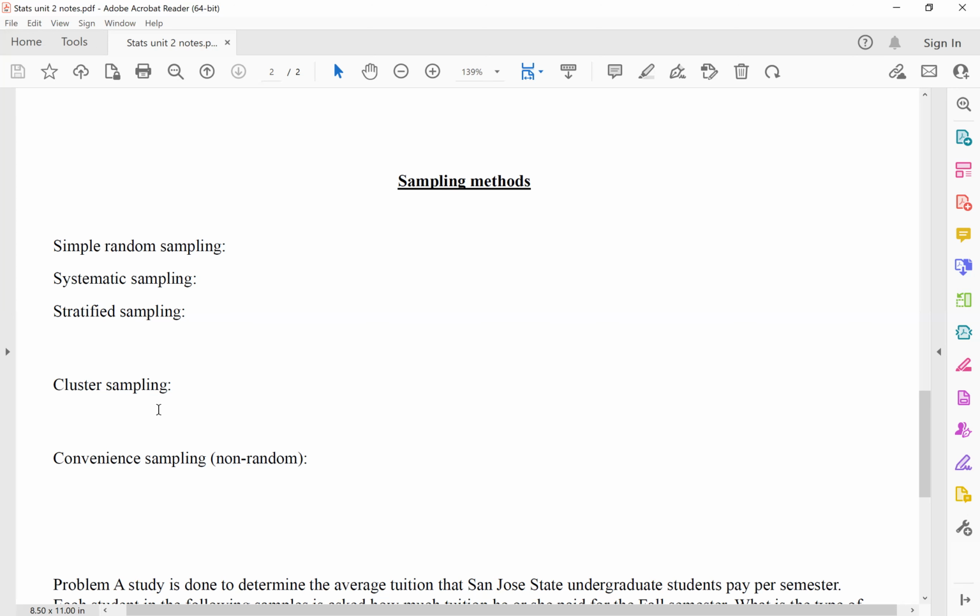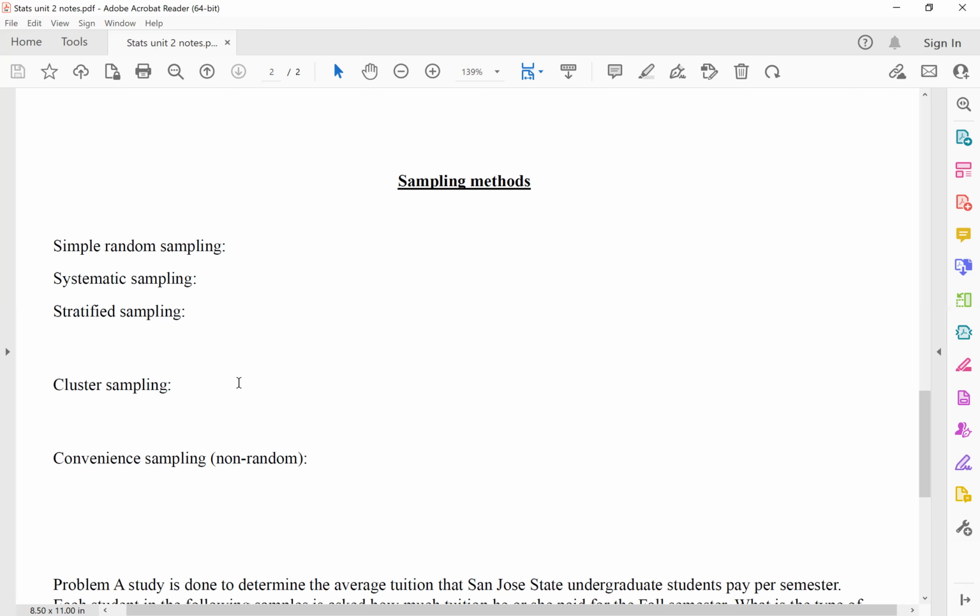Now, cluster sampling. I'm going to divide my population into subgroups. We call these clusters as well. And then randomly, I'm going to select some of the clusters. Let's say I do a study, and I go to a high school, and then I separate my people into freshmen, sophomores, juniors, and seniors.